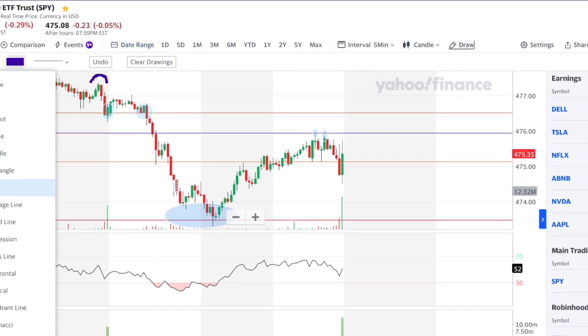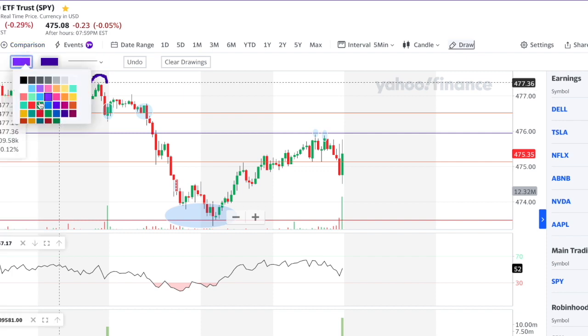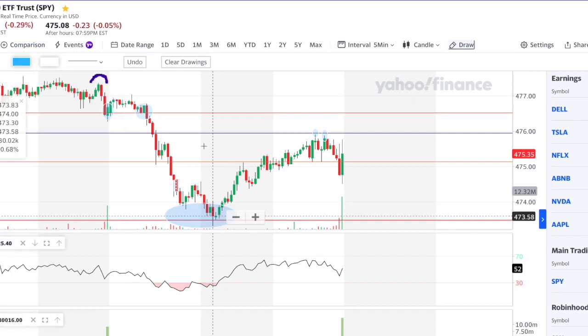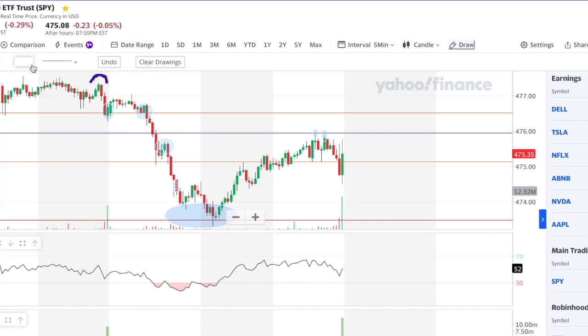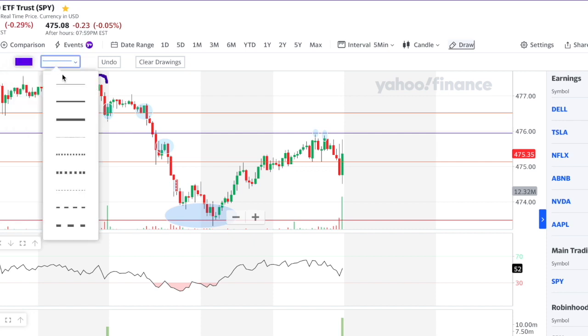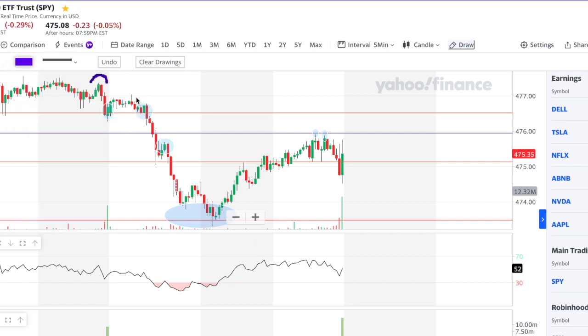You could have entered, let me draw this out and make it a little clearer for you guys. You could have entered right here at this pullback, and then you could have put your stop loss right here.